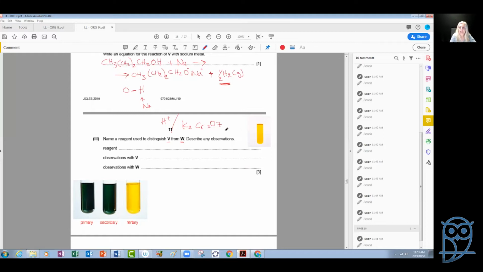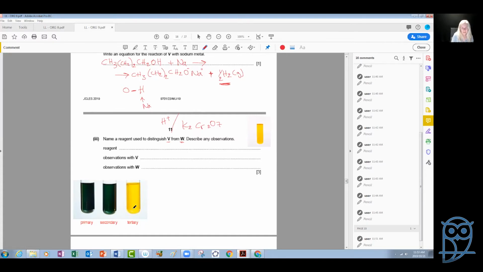But if we now put in the solution some primary alcohol, the primary alcohol will react with the dichromate, and it will change color to green.